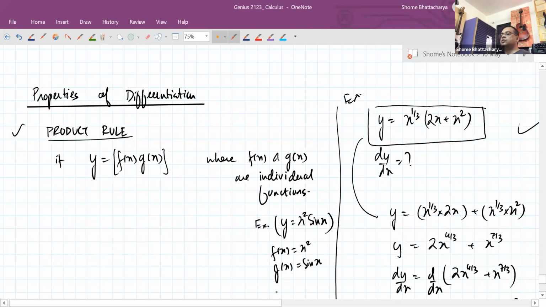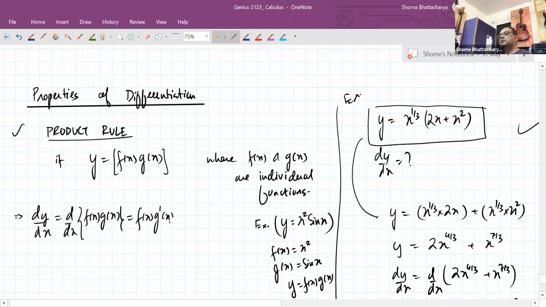I can write in reverse order also, it doesn't matter, but y would become equal to f(x) into g(x). Then we have the property that the differentiation of y with respect to x, which is the derivative of f(x) into g(x), is given by this principle, that it is one function into the derivative of the other plus the other function into the derivative of the first. Okay.